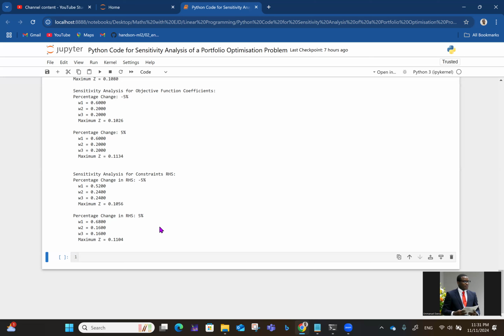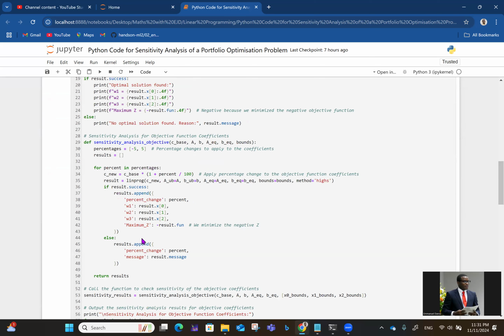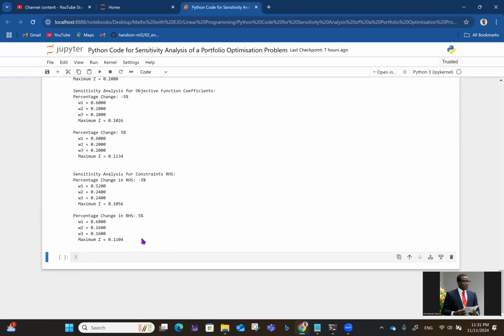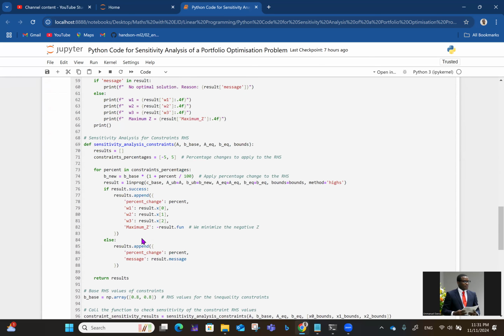And the maximum return is now 11.04% compared to the original 10.8%. And that's how that has been. So you can always play with this to understand it better.